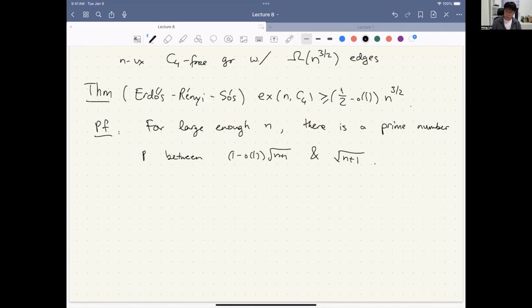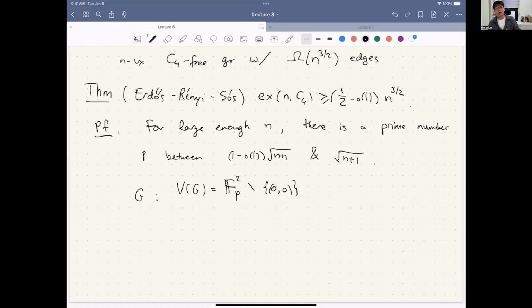Now we're going to consider the following graph. What's our graph? V of G is F_p squared, but with the origin removed.